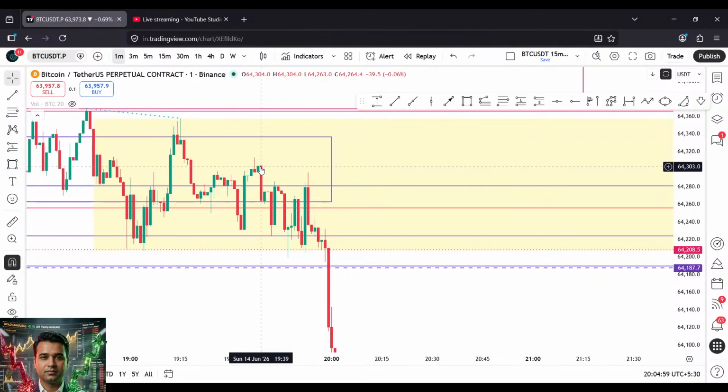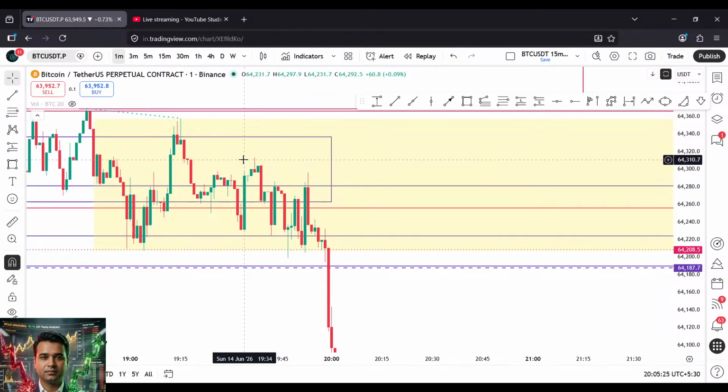Price has gone up here. This one was the swap of this one. Price came down, broke this low, and goes back to this low. And hit the upper part of this zone.